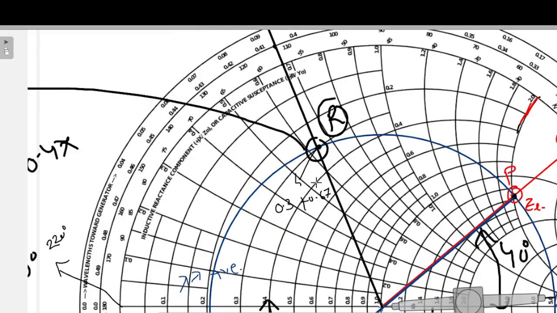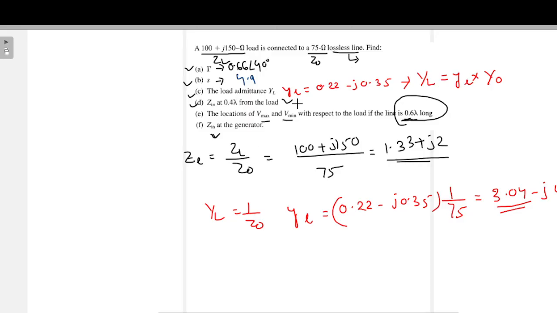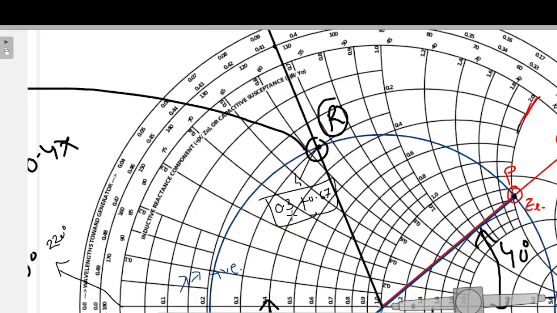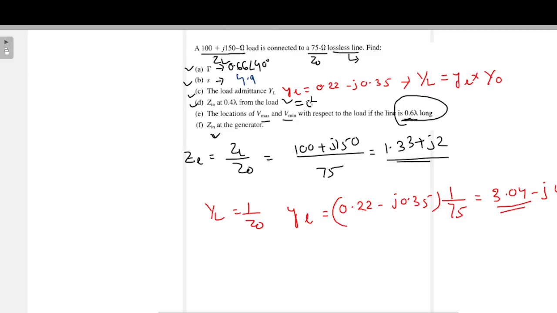It will be plus because it is coming in the upper side. Now what will be the Zin value? This is the normalized value, 0.3 plus j0.67, and the actual value will be into Z0, that is 75. Okay, so let me just calculate it.